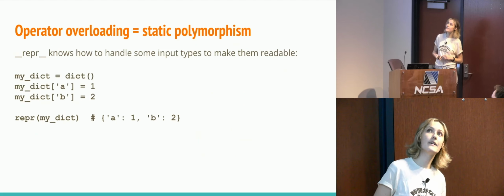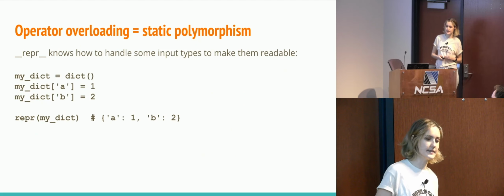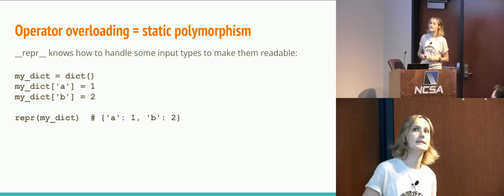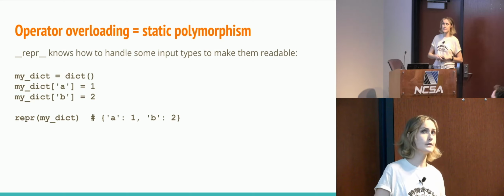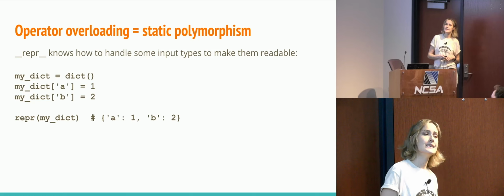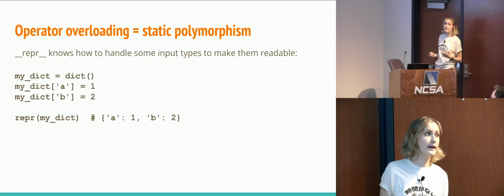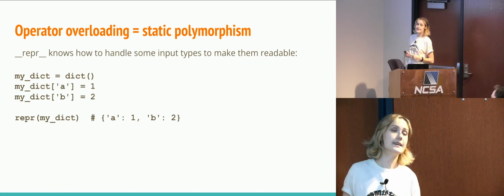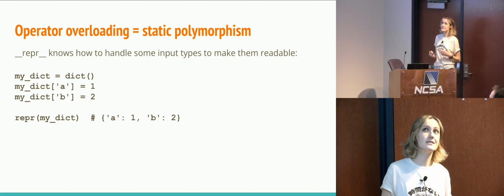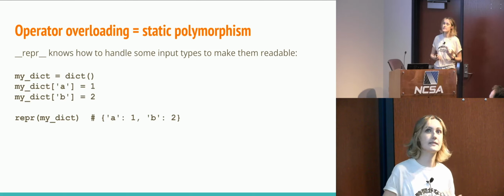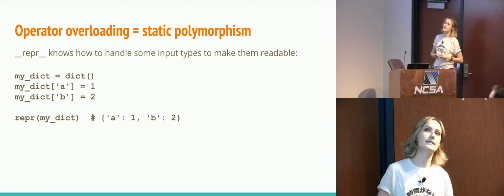But we also have another kind, static polymorphism. We did see this on Monday too when we defined the Dunder-Repr method for some of our classes. The Dunder-Repr method is a really helpful way to get a string representation of an object. And it knows how to handle some input types to make them readable just automatically.